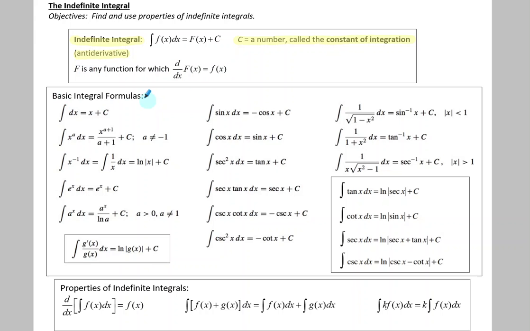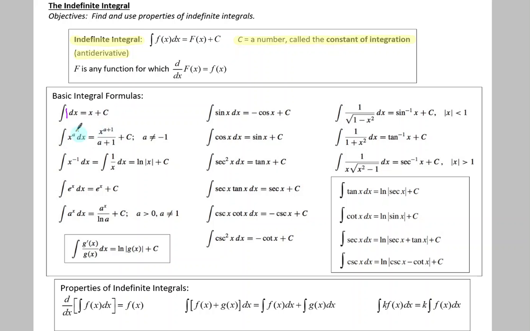Basic integral formulas. We looked at these when we were talking earlier about antiderivatives. This integral is the integral of 1 dx, and therefore the antiderivative of 1 is x plus c, of course. There's a constant of integration in all of our antiderivatives or indefinite integrals.